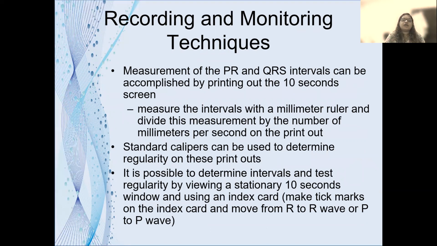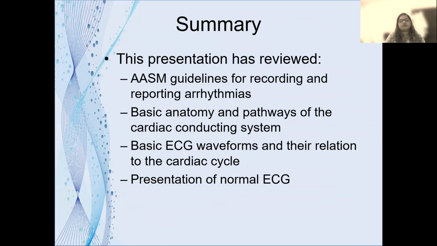Measurement of the PR and QRS intervals can be accomplished by printing out the 10-second screen, and standard calipers can be used to determine regularity on these printouts. It is also possible to determine intervals and test regularity by viewing the stationary 10-second window and using an index card. If you are not an expert, you can use an index card to measure the RR and PP intervals.